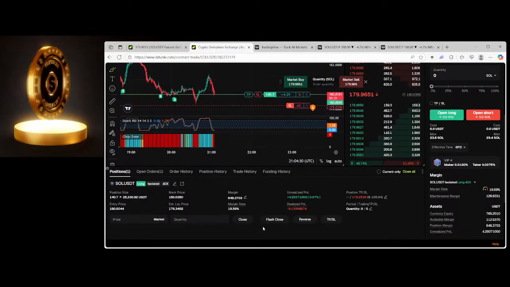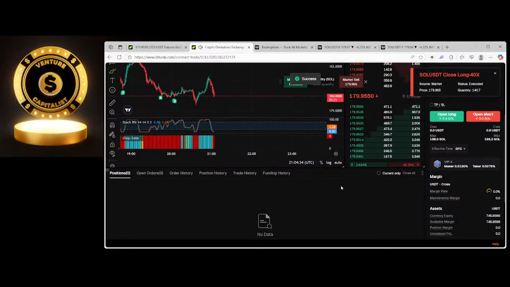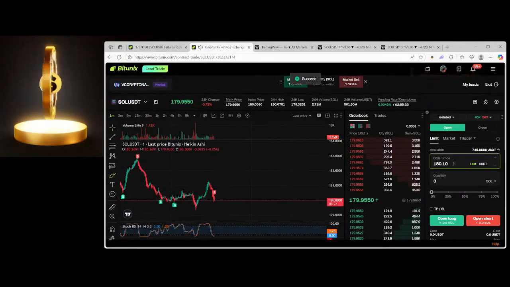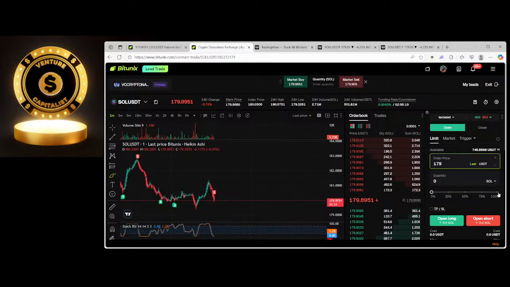So what we're going to do here is close out of this long and actually go into a short position here.